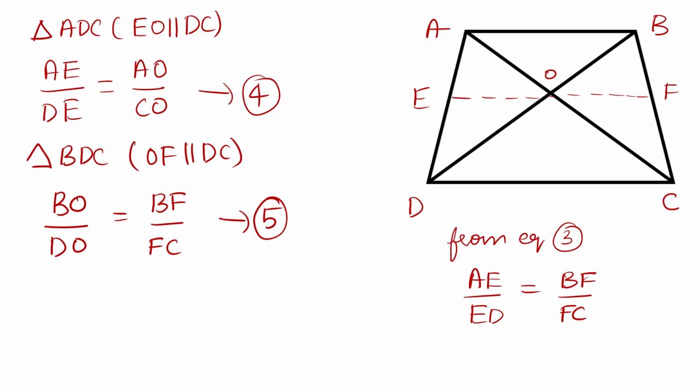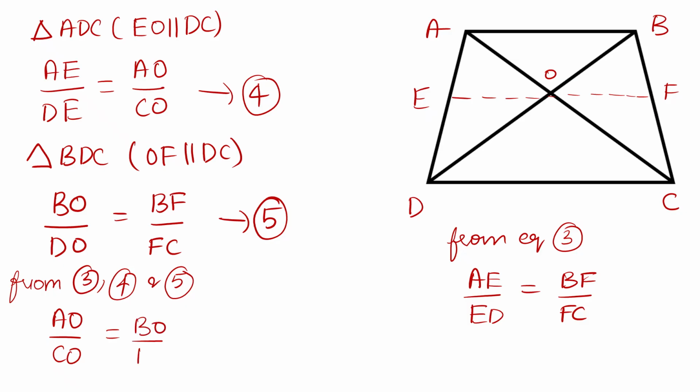So we are going to get AO by CO is equal to BO by DO, which can also be written as AO by BO is equal to CO by DO. Hence proved.